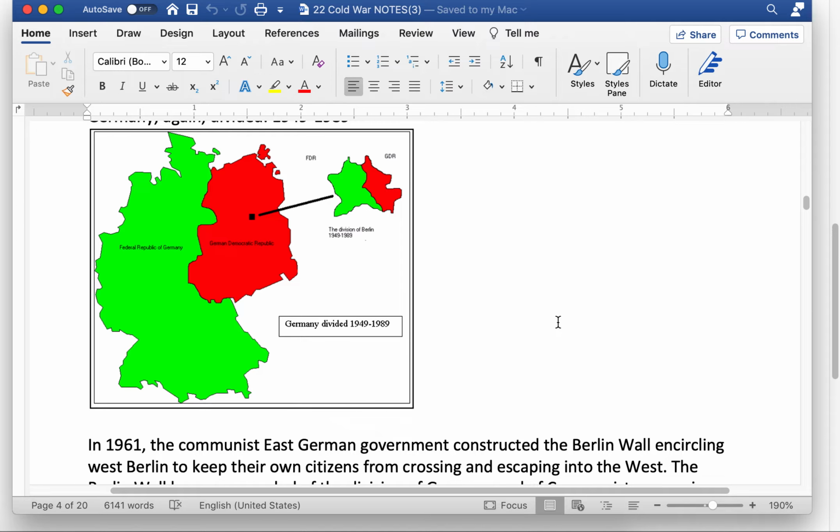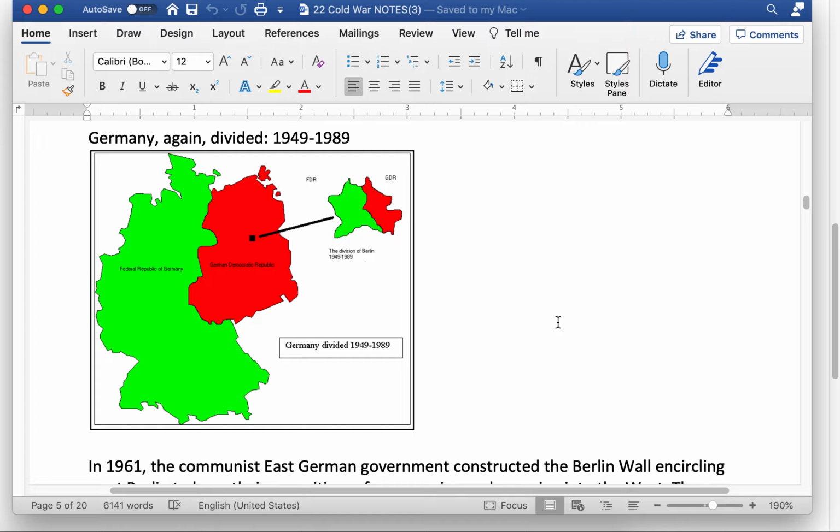Here's a better map of Germany. So after World War II, Germany is no longer a unified country anymore. There's communist Germany, East Germany, its own country, and then West Germany, liberal Germany, is a separate country. So Germany becomes divided. And then, even more particularly divided, Berlin, the Allies divide the capital city.